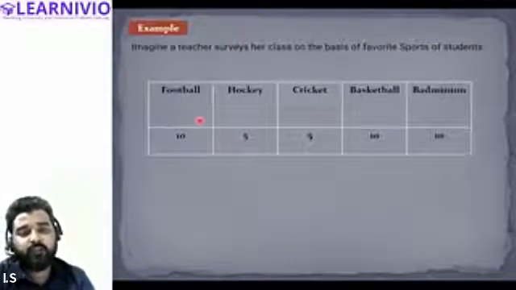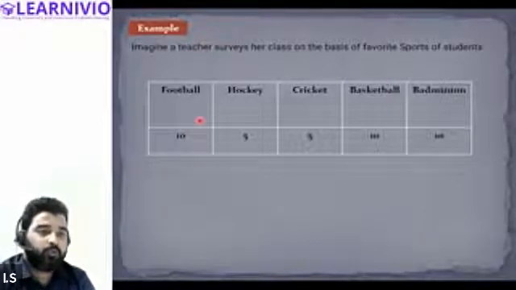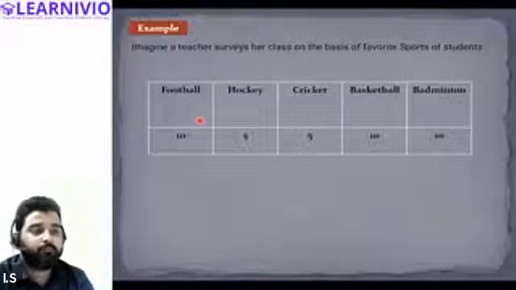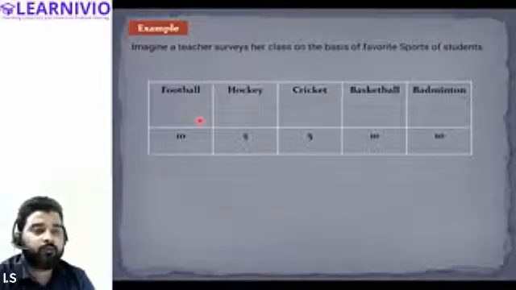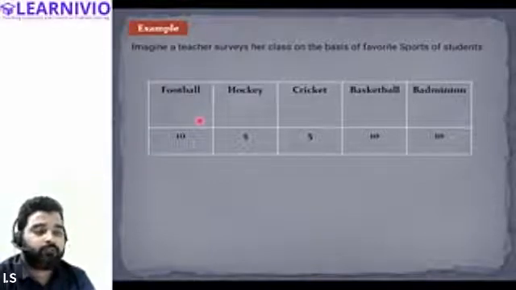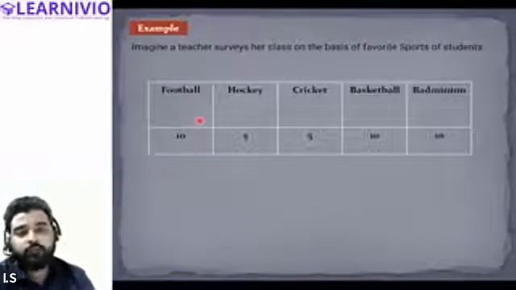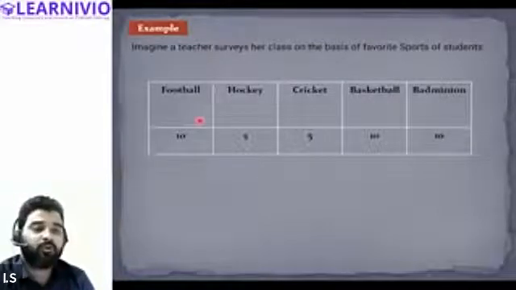In football we have 10 students who are interested in playing football, then hockey, cricket, basketball, badminton. Students who like football are 10, hockey 5, cricket 5, basketball also 10, badminton 10 again.